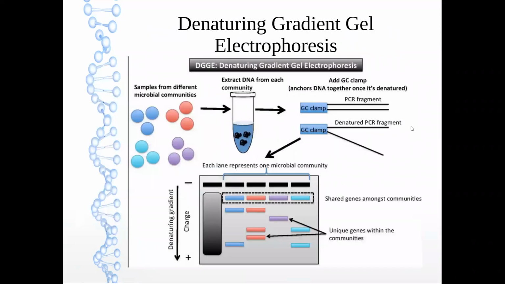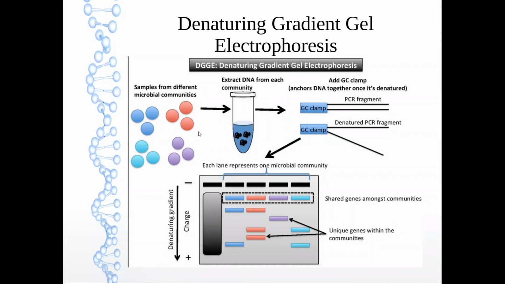Okay, now we have denaturing gel electrophoresis, another variant of electrophoresis. Usually that's the DGGE. This is usually seen in microbial samples. You have samples from different microbial communities, and it's difficult to separate each species from one another.